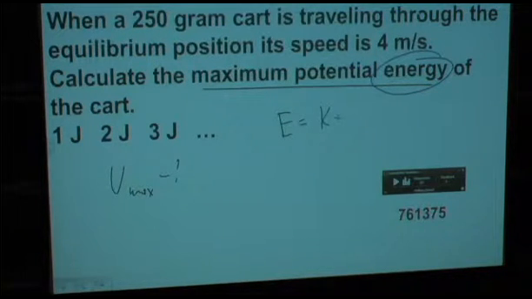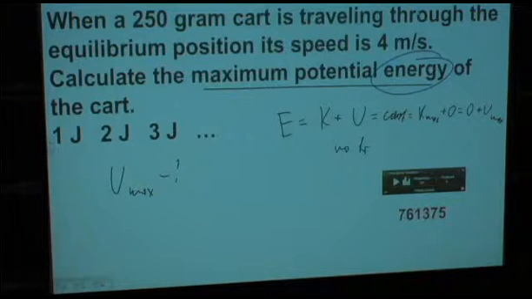Mechanical energy is equal to kinetic plus potential, and with no friction, it remains constant, which means when potential energy becomes 0, kinetic reaching maximum value. When kinetic energy becomes 0, potential reaching maximum value. That's what's happening.